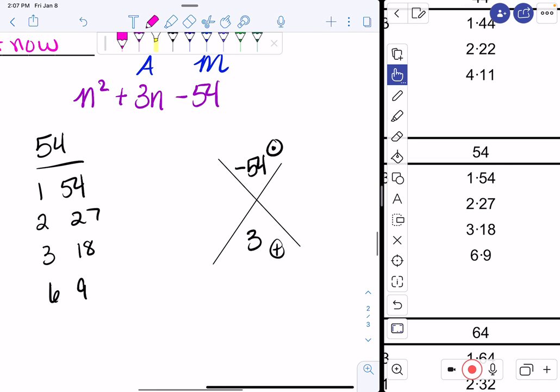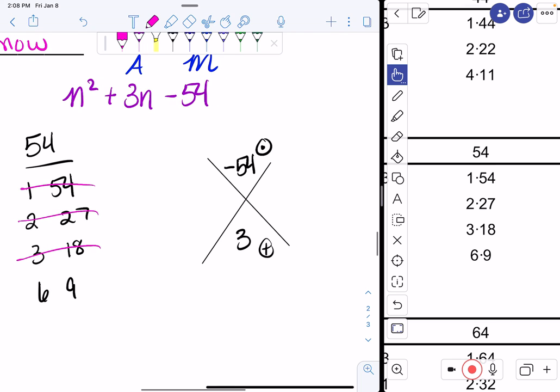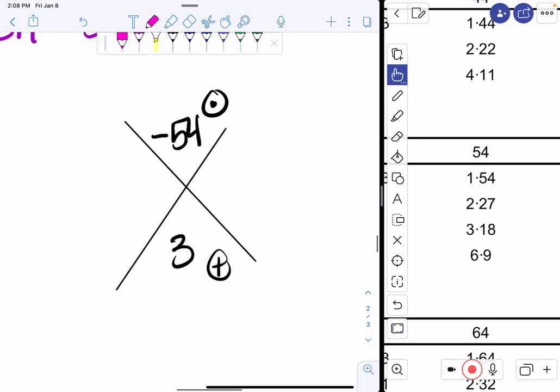I know it can't be 1 and 54 because that will never come near a 3. 2 and 27 will never come close to a 3, and 3 and 18 will never come close to a 3. So I know I'm dealing with my 6 and my 9. Let's put 6 and 9 in the missing blanks. 6 times 9 is positive 54. I want a negative 54, so I'm going to make my 9 negative. 6 times negative 9 is negative 54. That works.